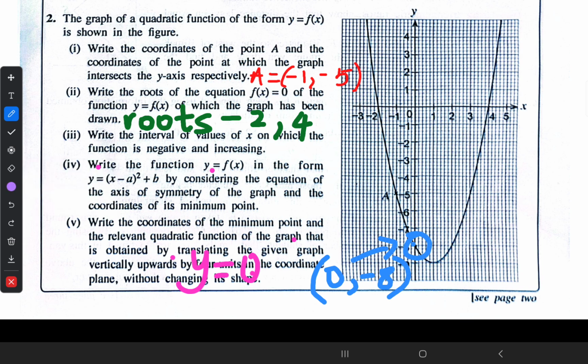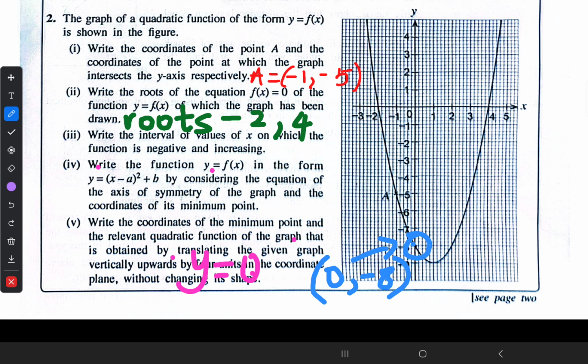Now write down the interval of values of x on which the function is negative and increasing. In the 2019 paper I explained how to find that one. We can split this graph into 4 portions.